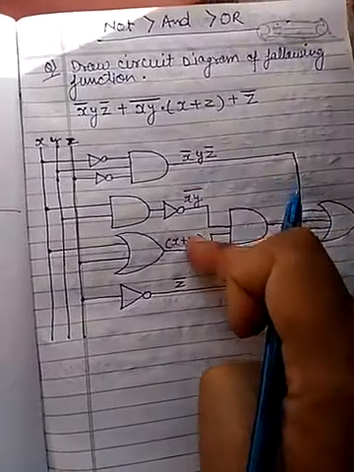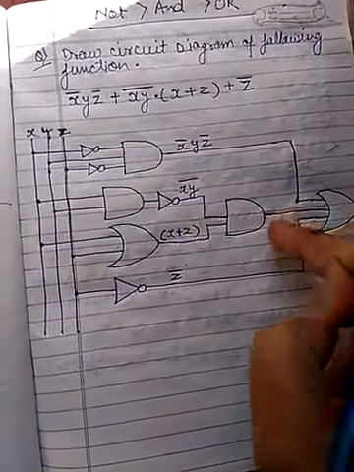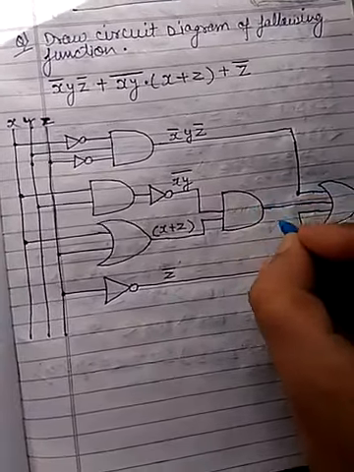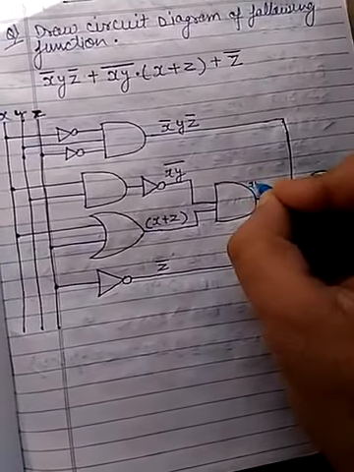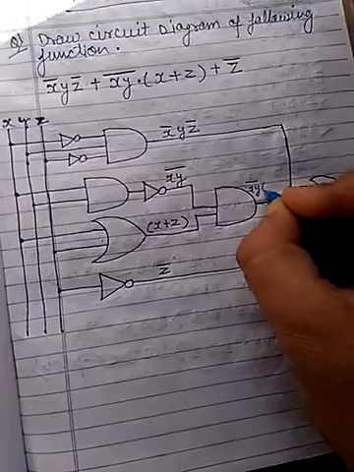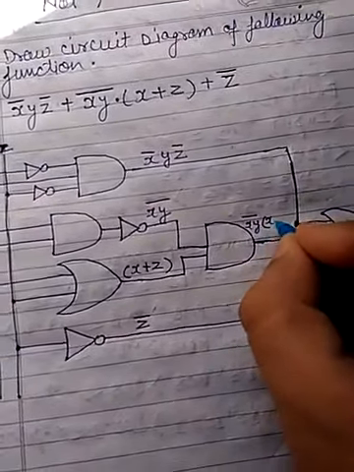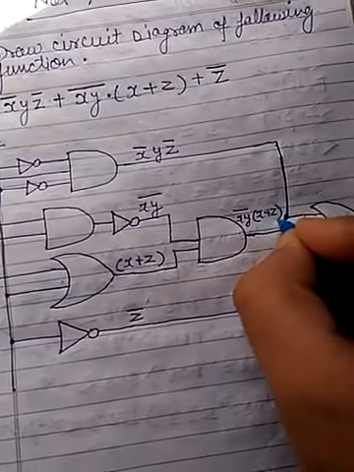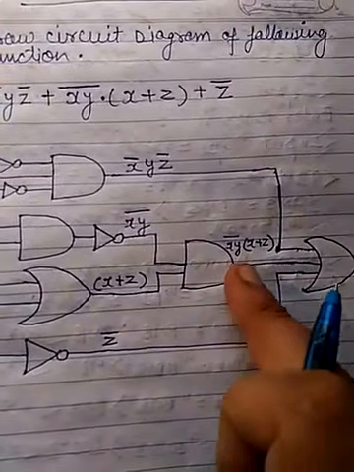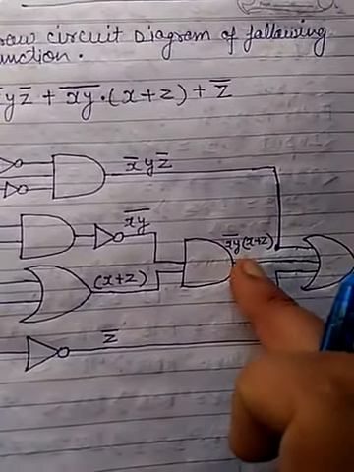Now here these two terms get multiplied. So what will you get here? You will get (xy)' multiplied by (x + z). So this is the output at this point.